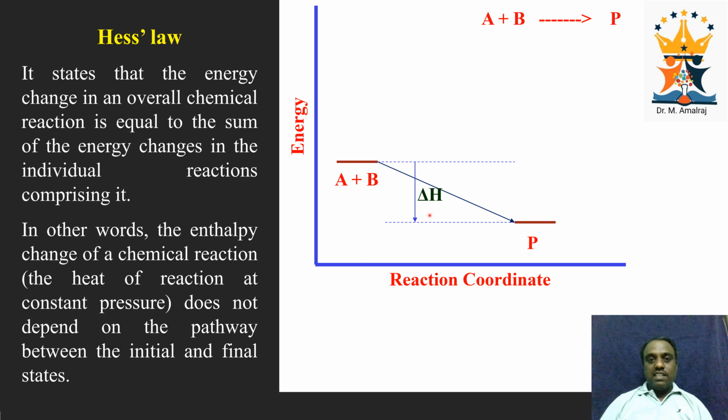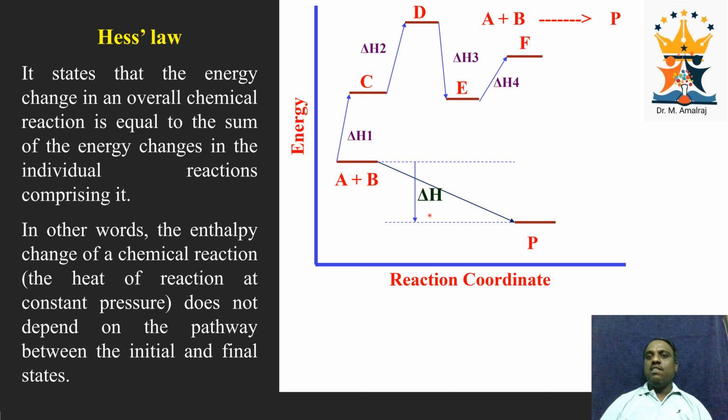In case the reaction takes place in multiple steps, for instance, A plus B initially reacts to form an intermediate C, and the enthalpy corresponding to the conversion will be given as delta H1. C is converted into D with energy delta H2, and D forms E with energy delta H3, and E forms F, and F is converted into G, and finally G is converted into the product.